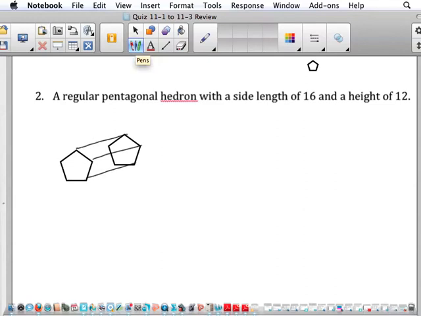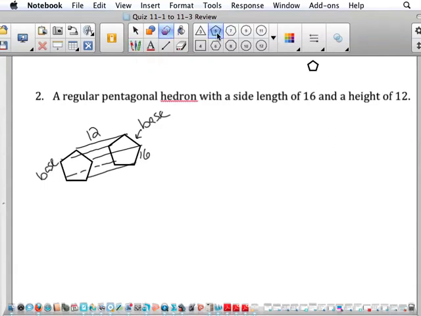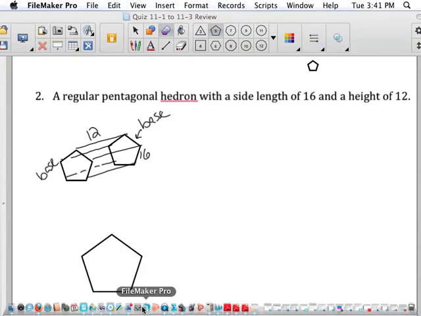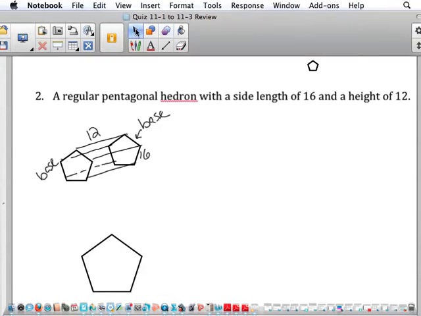Remember, the bases are parallel and congruent. So this is a base, and this is a base. The height is the perpendicular length, so this is 12. The length of a side is 16. So if this is my pentagonal prism, I'm going to be looking at this shape in particular as my base.